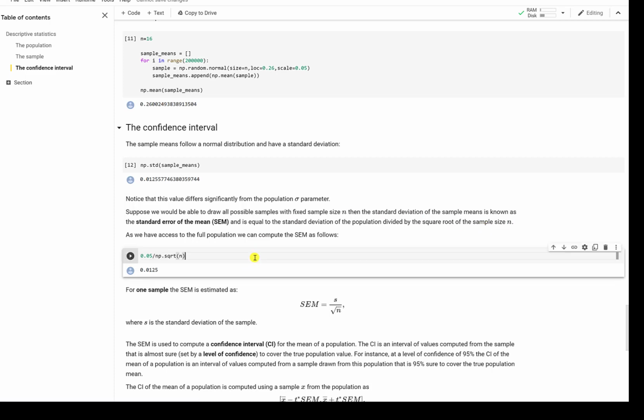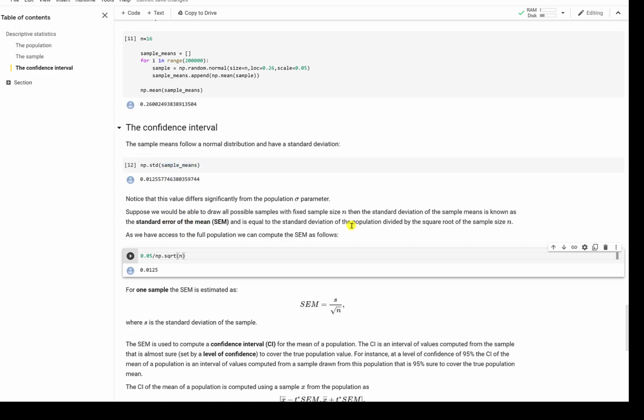Here we have the actual standard deviation of the population, which we act as if we know, 0.05. We divide that by the square root of n, and we get this value 0.25, which is indeed very close to this estimated value, because we only have 200,000 here, and the equality is only valid if we can have all of them.